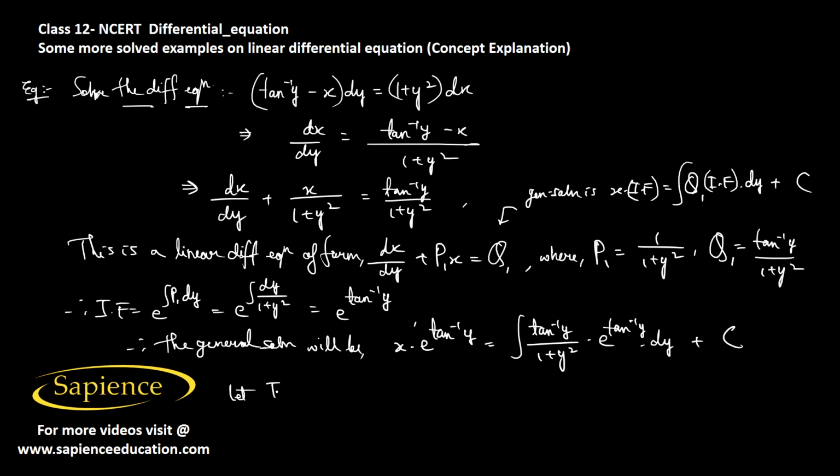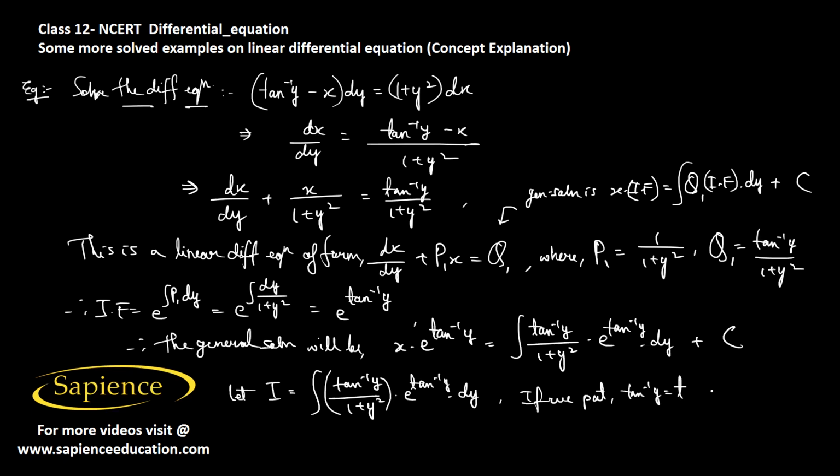So this is the integral I, which is integral of tan inverse y by 1 plus y square into e power tan inverse y into dy. Here if we put tan inverse y equals t, then 1 by 1 plus y square into dy equals dt.